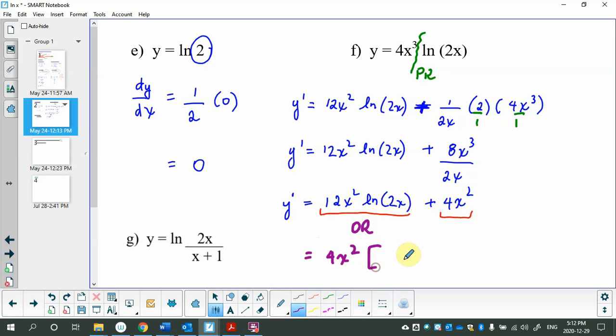Leaving behind, I'm going to use a square bracket because my round bracket is used here. 3 ln 2x plus I remove the whole 4x squared. We get that. So that is the OR answer. And yes, you need the brackets around this because the ln of 2x is not the same as the ln of 2x. Nobody can tell the difference without the brackets.